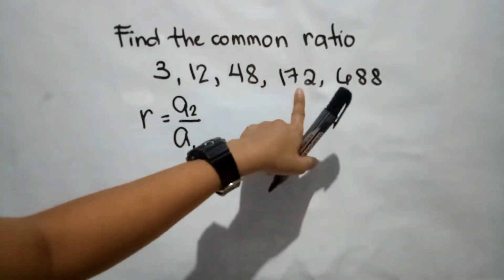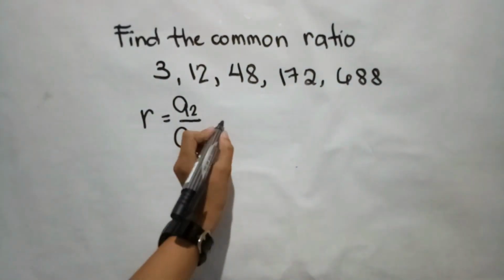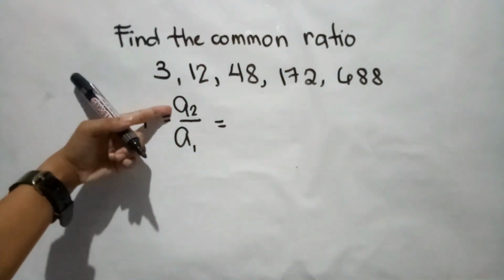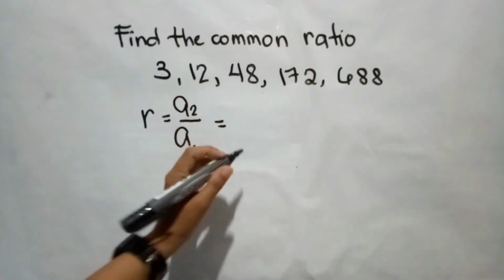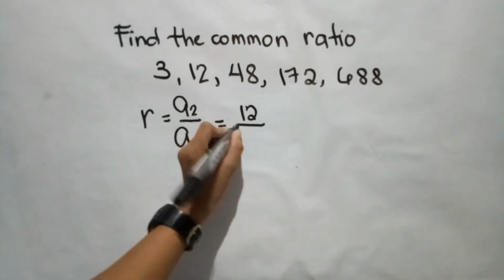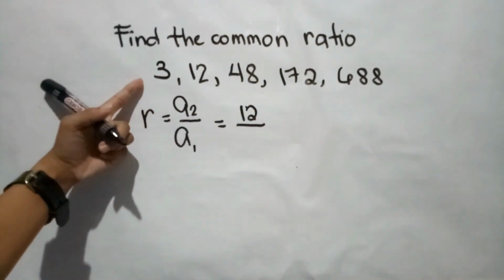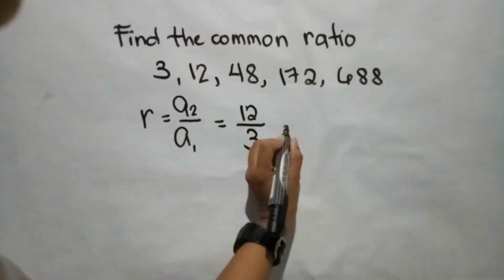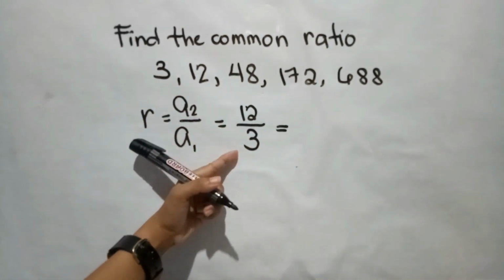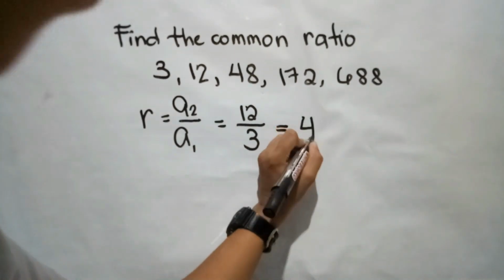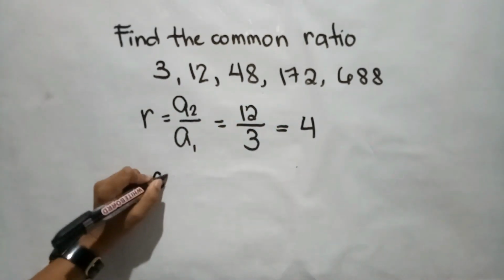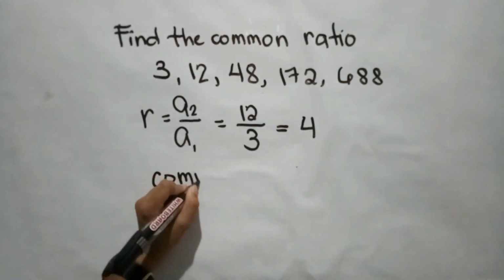Let's substitute. A sub 2, or the second term, is equal to 12, so write 12 divided by a sub 1, which is 3. Then 12 divided by 3 is 4. So the common ratio is equal to 4.